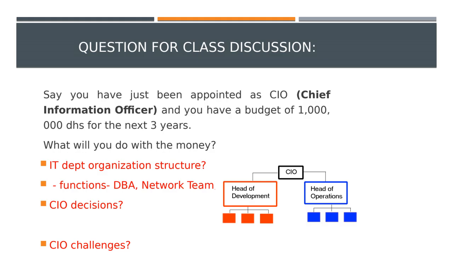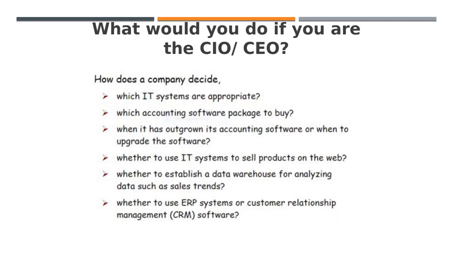You will keep some money for R&D, research and development. You will put some money into operation. And you will find out what challenges they have and how you can use the budget to solve these challenges.